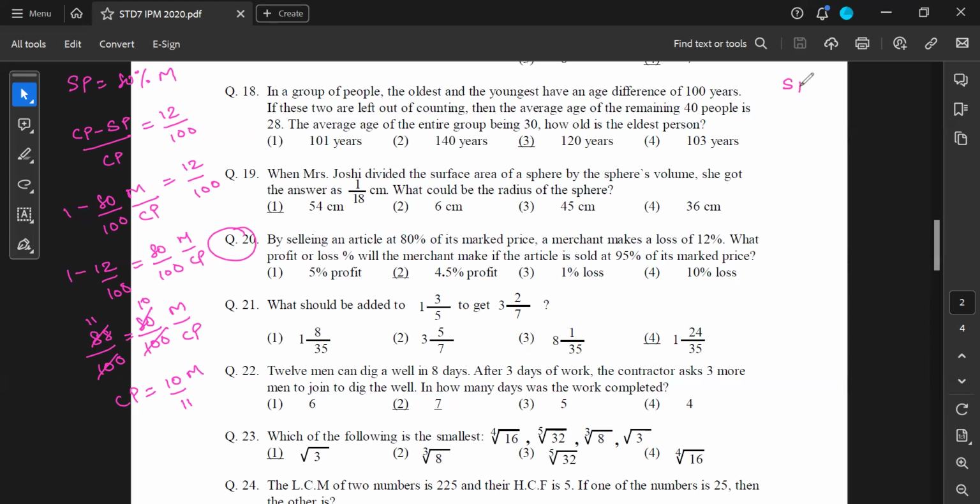So the selling price is 95 upon 100 of marked price, which gives me 19 upon 20 of marked price.